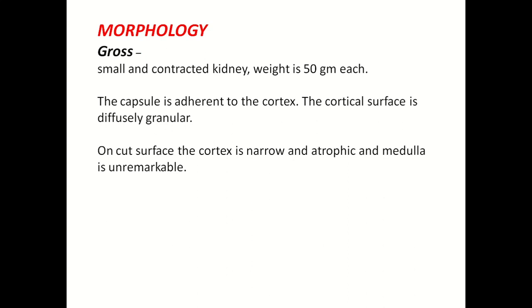The capsule is adherent to the cortex. The cortical surface is diffusely granular. On cut surface, you will find the cortex is narrow and atrophic, and the medulla is unremarkable.